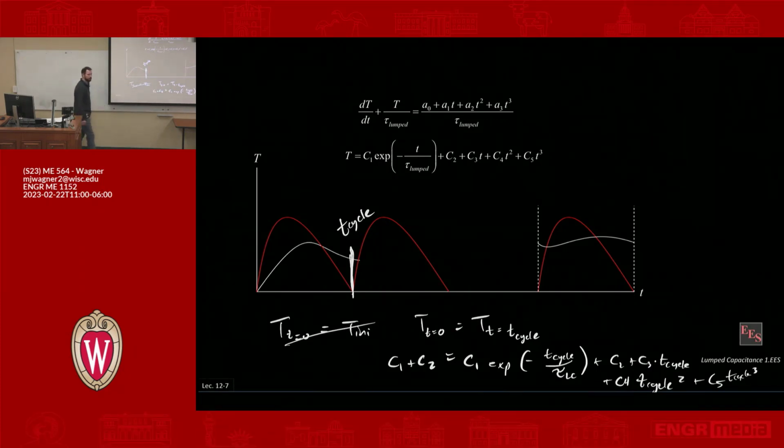Is there any way to know, from what we did here, how long it takes to get to some high percentage of this steady state? Yep. If you look at tau LC, that'll tell you the response. Let's imagine a case where tau LC is like 0.01, a really small number, like we saw before.